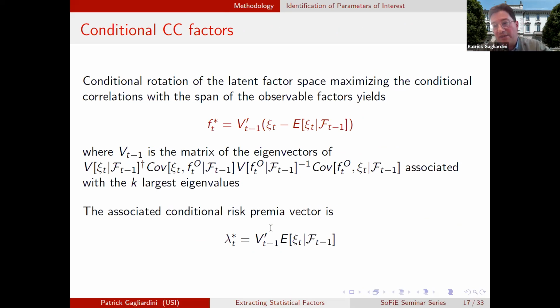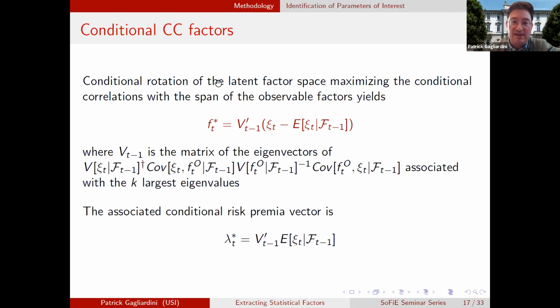And so I can define another rotation in the latent factor space, which corresponds actually to the directions in this latent factor space which are the most correlated with some vector of observed factors.